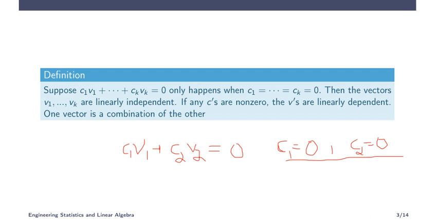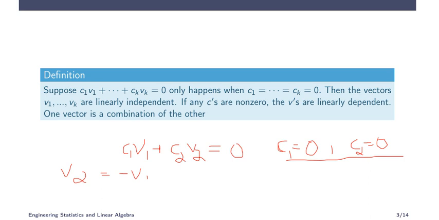For example, if v2 is given as minus v1, the equation itself says that v2 depends on v1, right? So this should be a dependent equation.